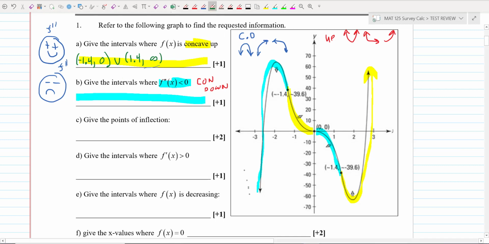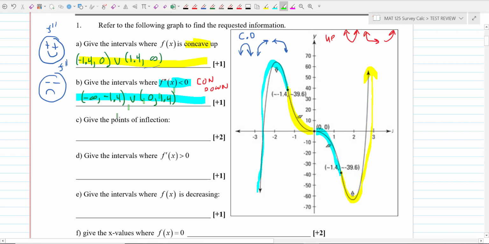This is going to go from negative infinity until we get to the point of inflection where the concavity changes at negative 1.4, and then union, from 0 to 1.4. And that would be the answer to the first two questions, just a different way of asking that.